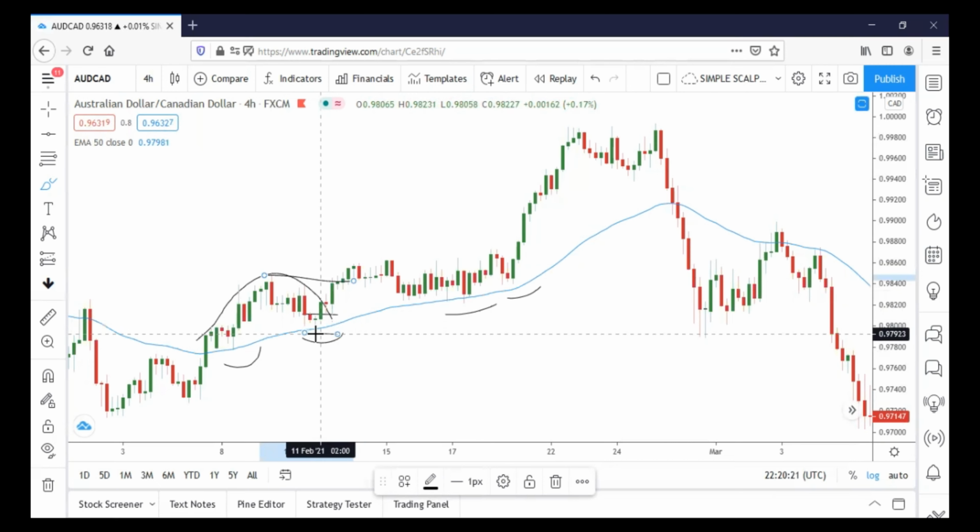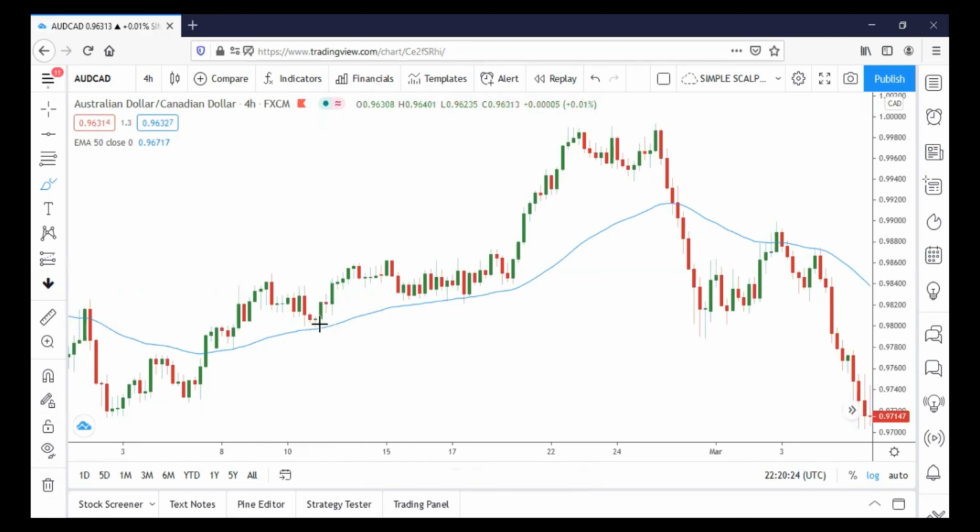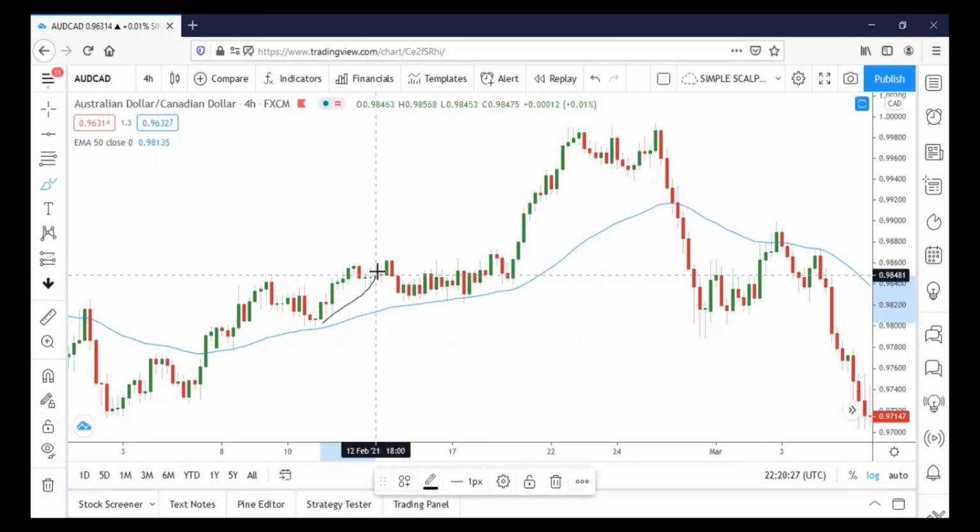Right after that, we can see another push up, and price came back into the same area. So we wait for our candlestick pattern, and this is going to be our entry.